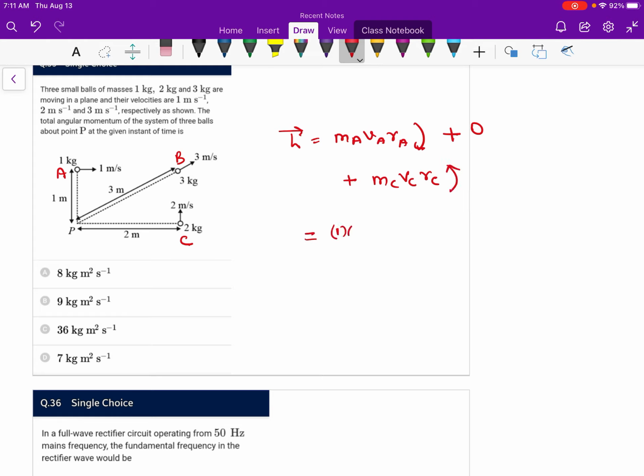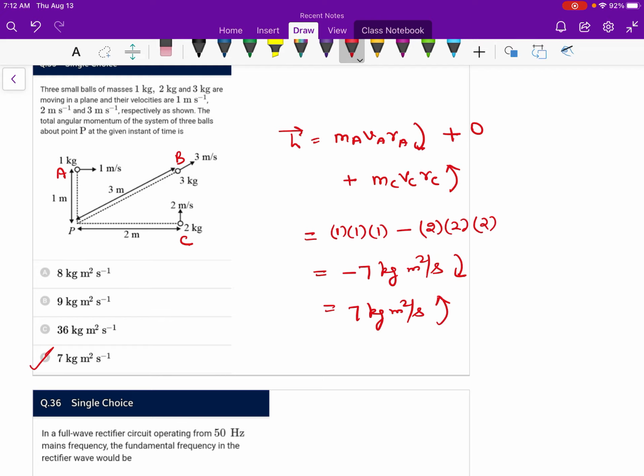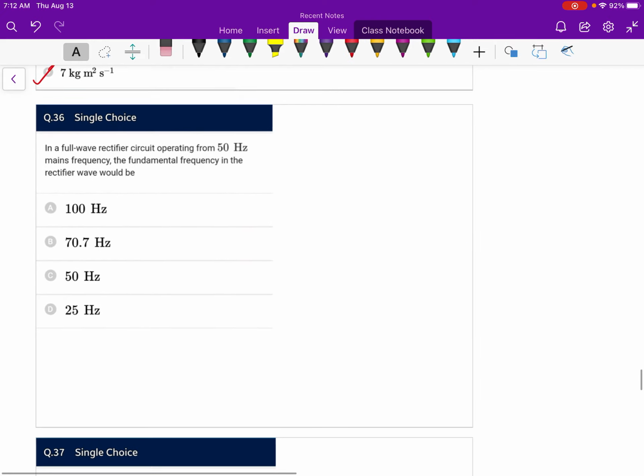So this is 1 into 1 into 1 minus 2 into 2 into 2. So this is minus 7 kilogram meter square per second. So we need to take just the magnitude, which is 7 kilogram meter square per second, which is D. So D is the correct option.